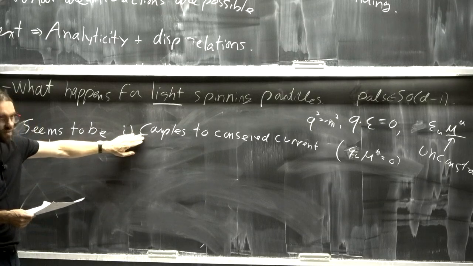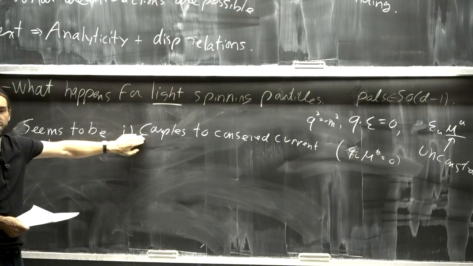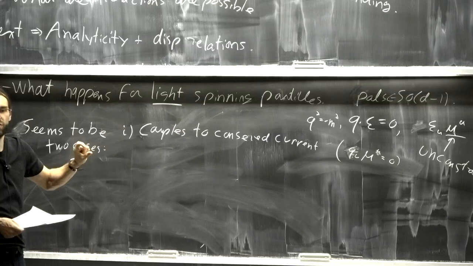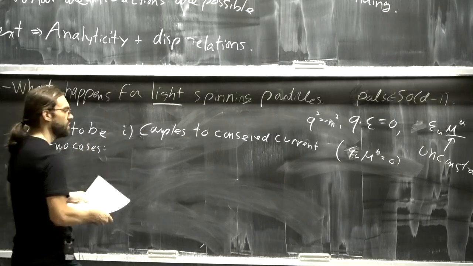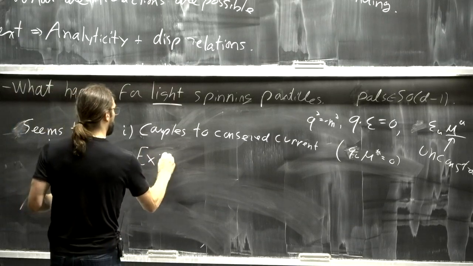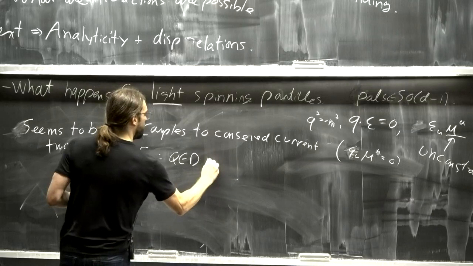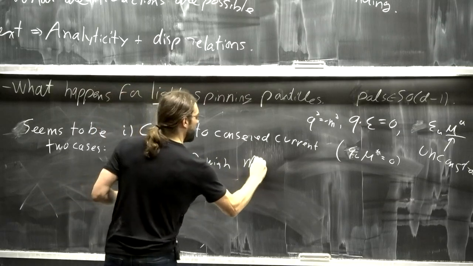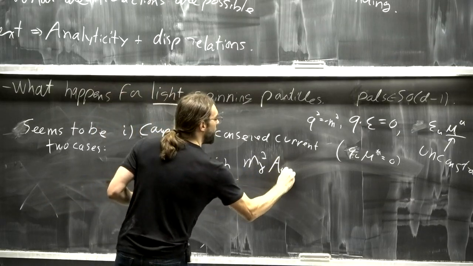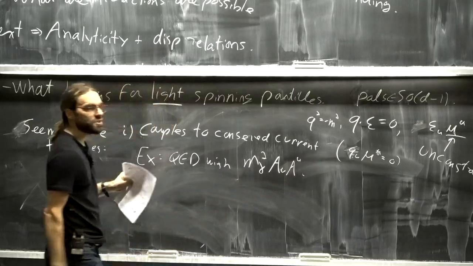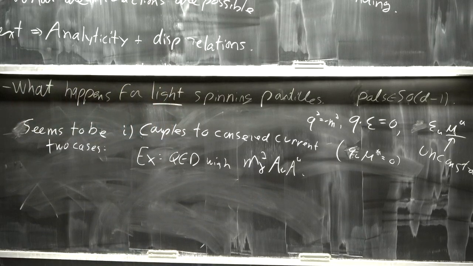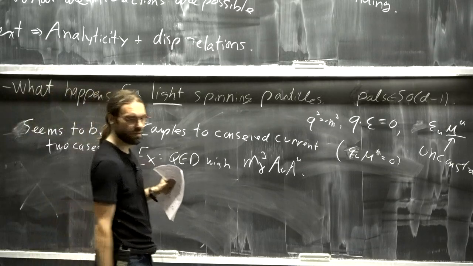An example of this case is QED, where you just add a mass term for the photon, a so-called Stueckelberg mass term. You can add that to your Lagrangian. It breaks gauge invariance, but you can actually add it, and it's perfectly fine. Okay, it's a different theory, but it exists.